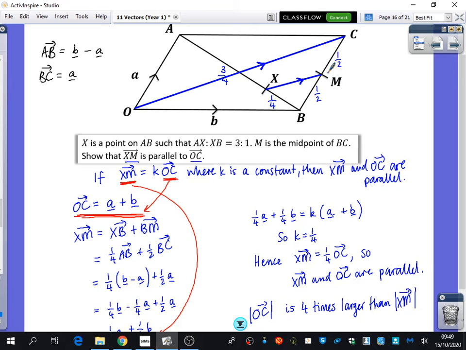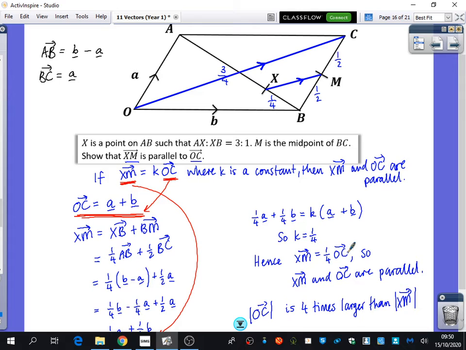Good question. Instead of writing it in the way that Andrew said, that OC is 4 times larger than XM, I could have said that the length of XM is a quarter of the length of OC. And I think that's clear to see. So it's telling us something additional.